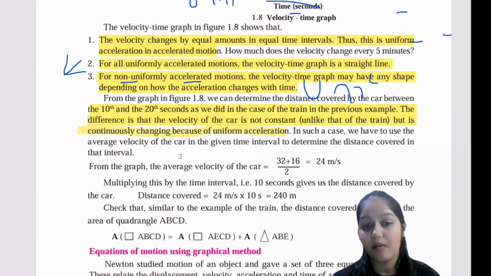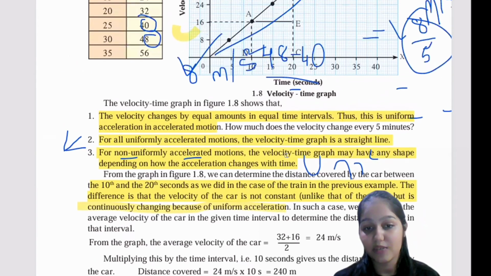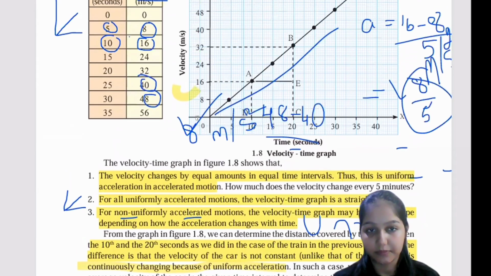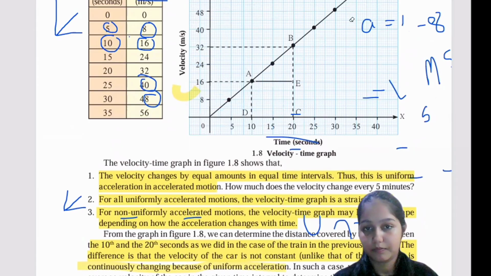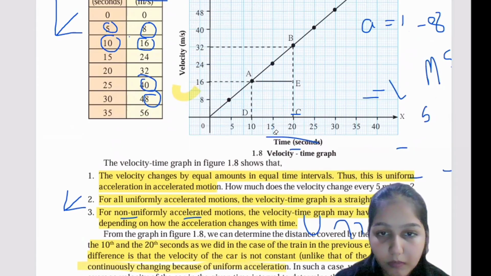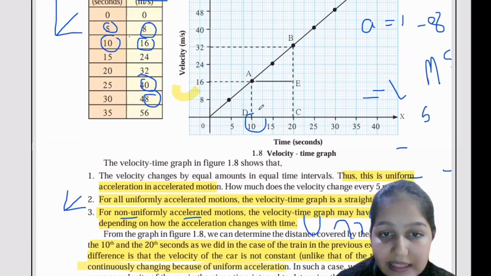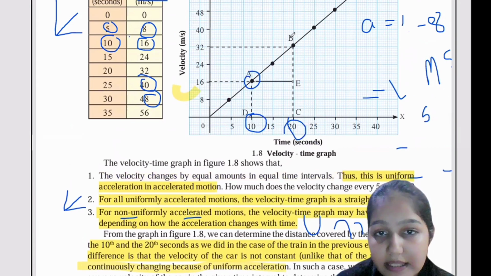Okay, so from the graph, we can find out the average velocity of the car at the 10th second. Let me erase this all. Okay, so they are saying at the 10th second and the 20th second, here, this and this, that is 32 and 16.